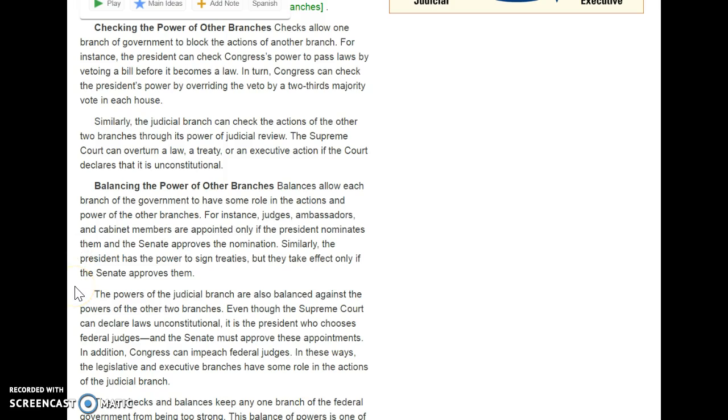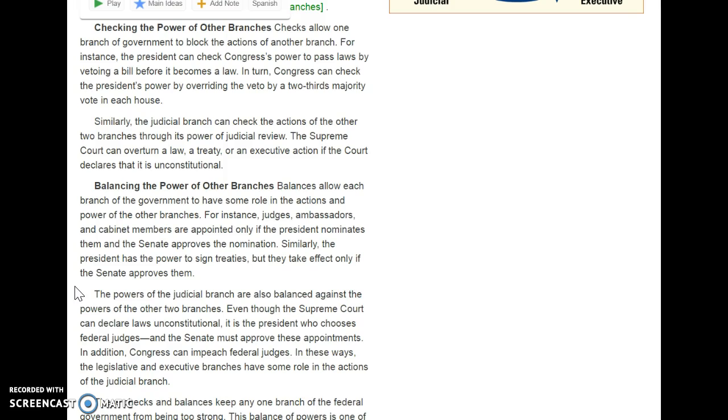The powers of the judicial branch are also balanced against the powers of the other 2 branches. Even though the Supreme Court can declare laws unconstitutional, it is the president who chooses federal judges, and the Senate must approve these appointments. In addition, Congress can impeach federal judges.